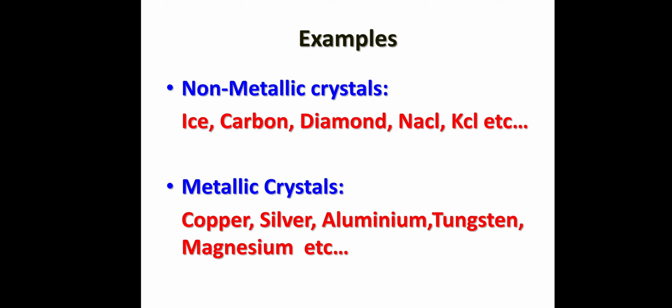Examples of crystalline solids: in non-metallic crystals, you have ice, carbon, diamond, sodium chloride, potassium chloride, etc. Whereas in metallic crystals, copper, silver, aluminium, tungsten, magnesium. Likewise, you have many examples.